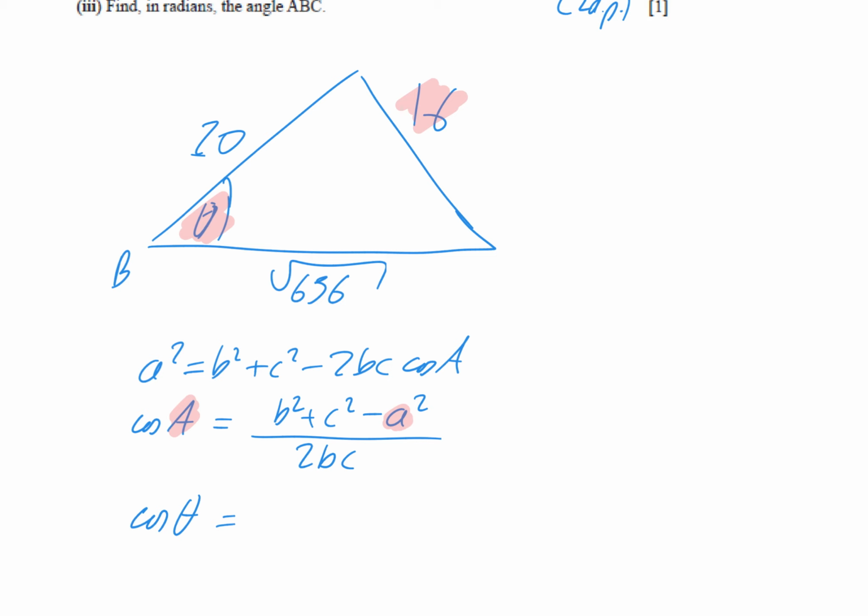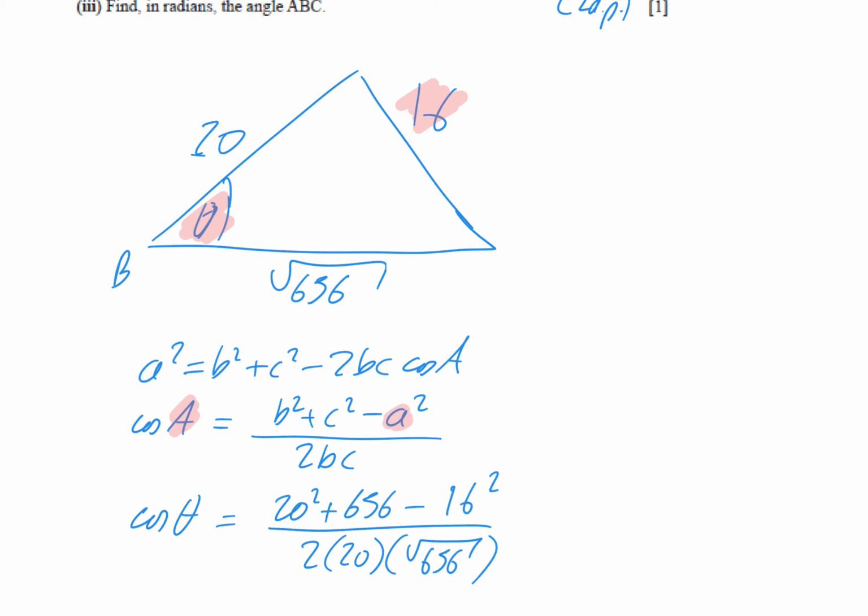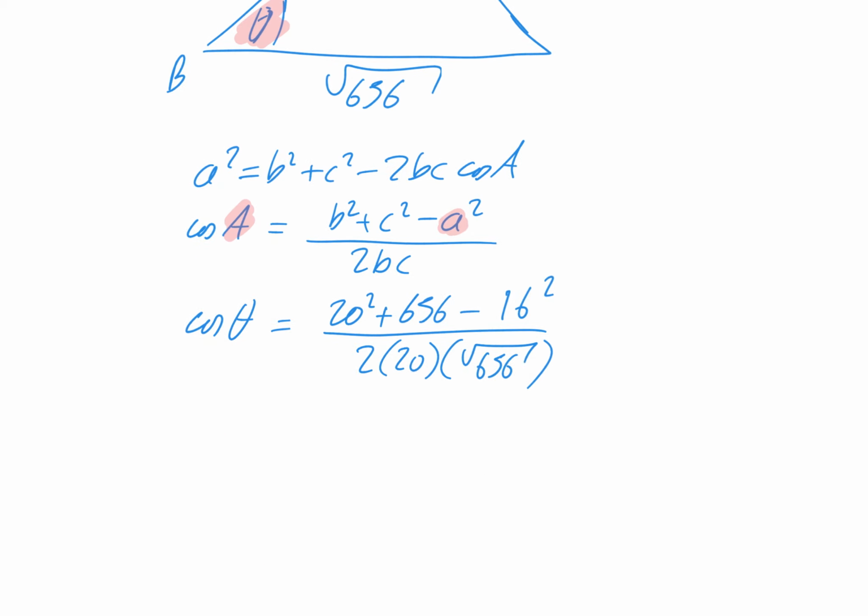So as long as you get that right, the a side is 16, so it's 16 squared. Then the b, write them whatever way, it's going to be 20 squared plus the square root of 656 squared, which is 656, and 2 times 20 times the square root of 656. I'm just doing this all in my calculator now to get cos theta.